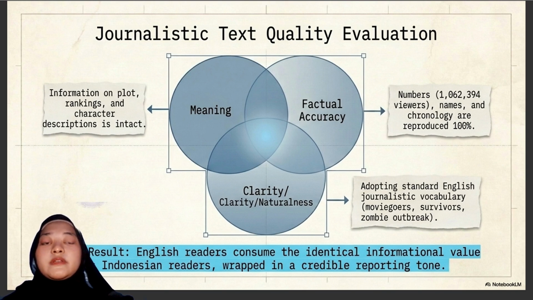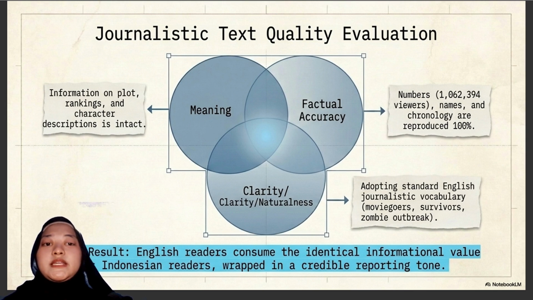The translation of informative text can be evaluated based on three aspects. First is meaning, where all information such as plot, ranking, and descriptions is preserved. Second, factual accuracy, where numbers, names, and chronology are maintained 100% correctly.